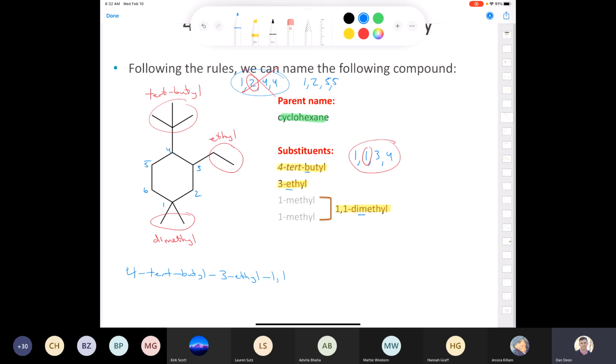After that, we have our 1,1-dimethyl. And then we don't separate that from the parent, which is cyclohexane, like that. Again, our alphabetization was B, E, and M. We ignore the tert prefix and we ignore the di prefix. Again, the only prefixes we don't ignore in organic chemistry are iso, cyclo, and neo.